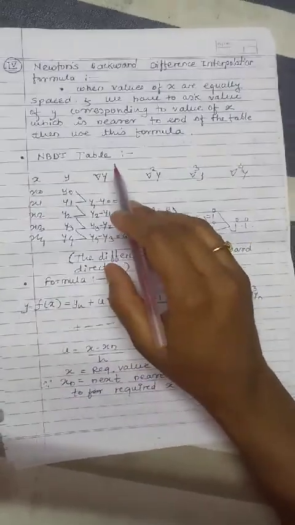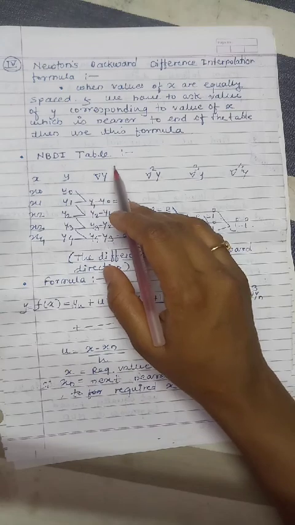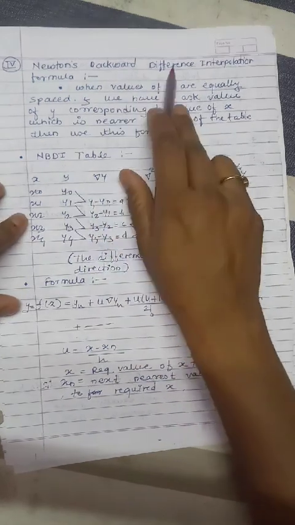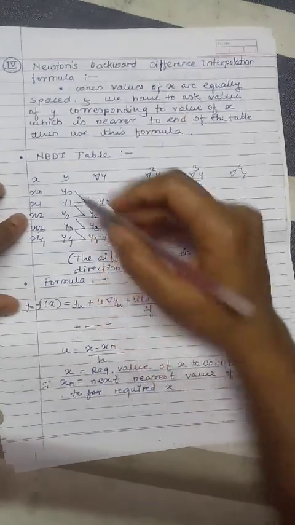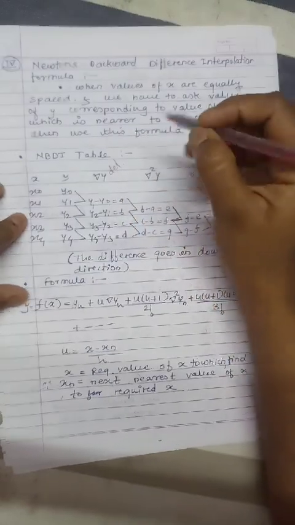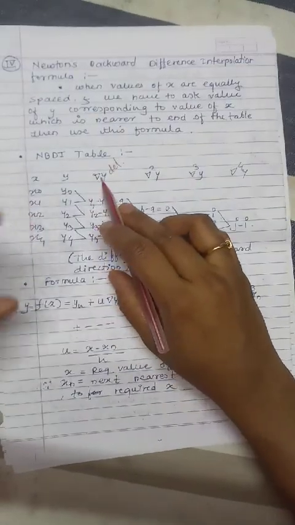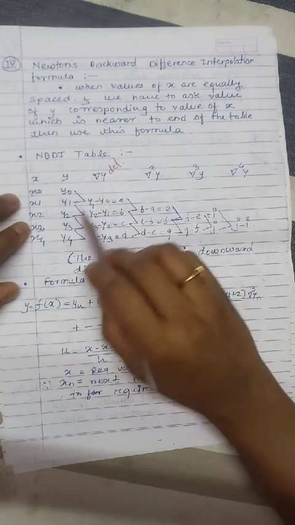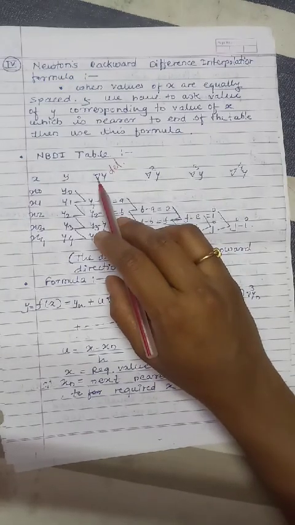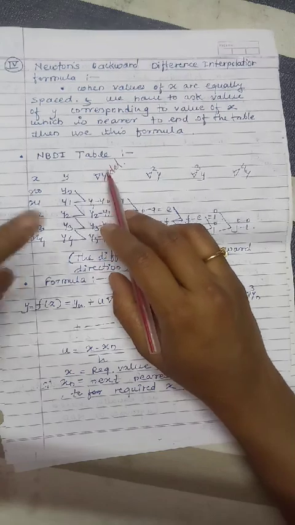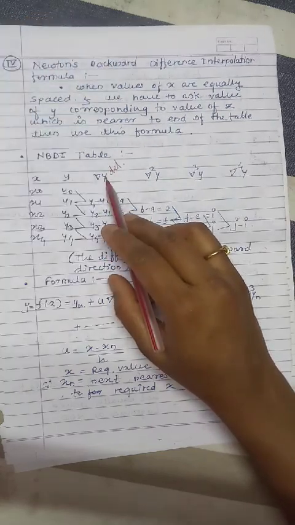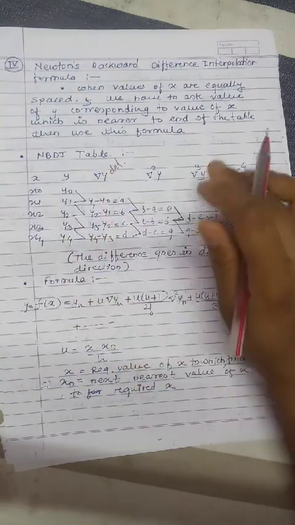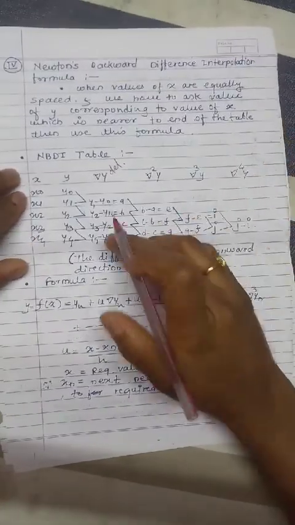For the forward difference table we use the notation delta, and for backward difference we use the notation del. This del notation is the reverse of delta. So delta for the forward difference table and del for the backward difference table. These are the notations for preparing the table.